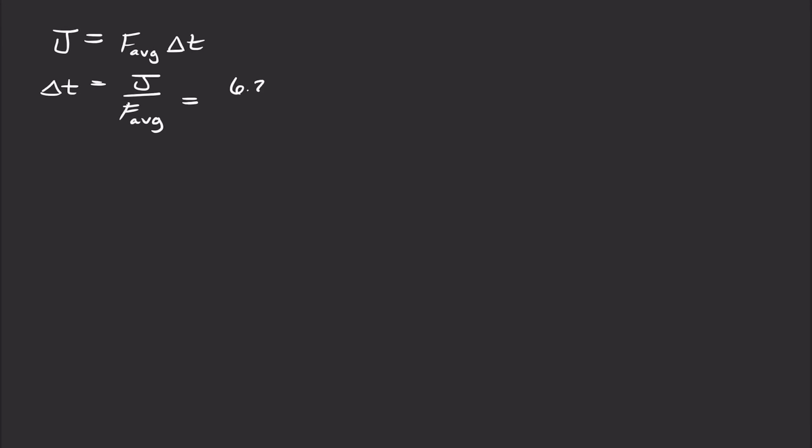If the impulse was found to be 6.2 kilogram meters per second, and the average force it gave us was 500 newtons, that means that the collision lasted 0.0124 seconds, or you could call this 12.4 milliseconds.